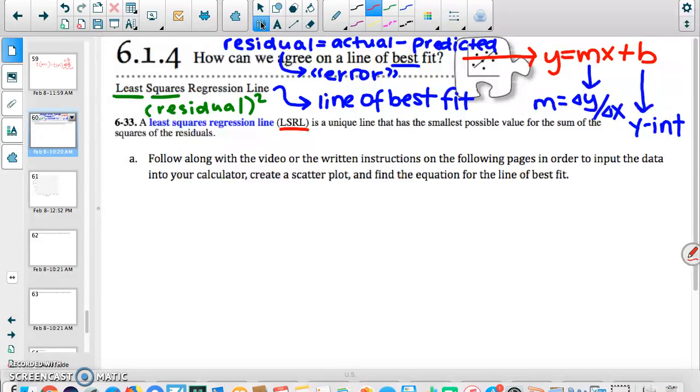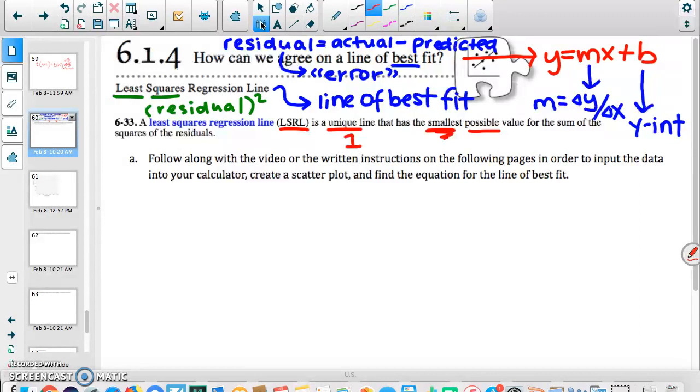Again, that's still the same thing as our line of best fit that we've been working with. It is a unique line, so that means it is possible for your calculator to figure out one single equation that best fits, models the data, so that we get the smallest possible value for all of those residuals.